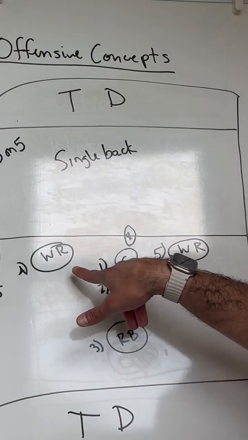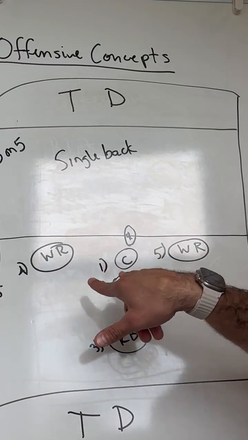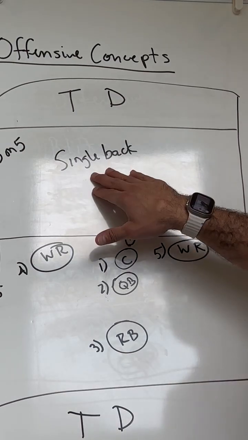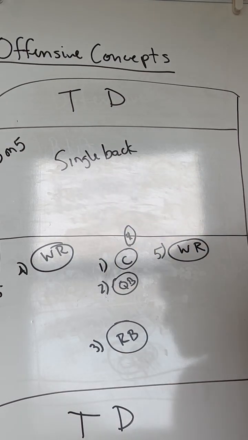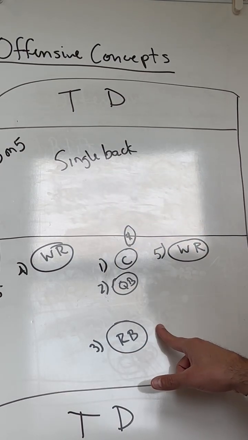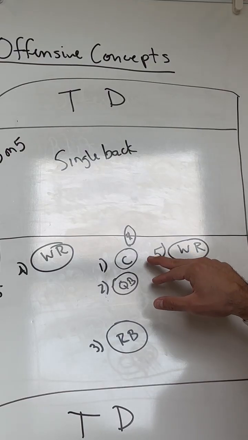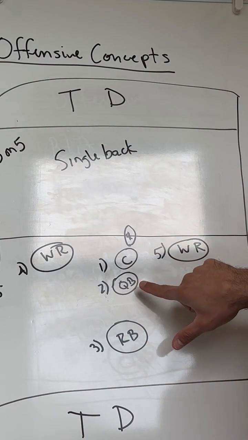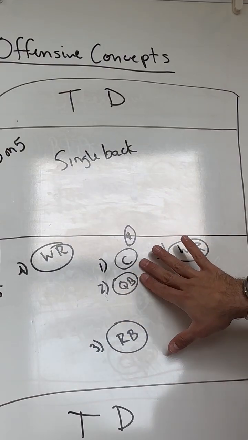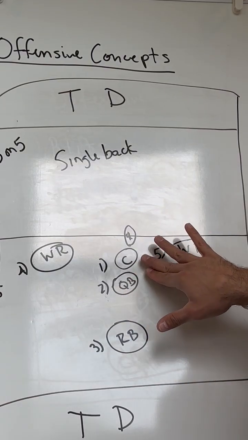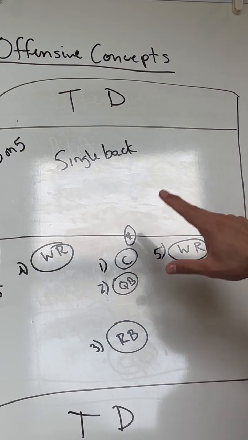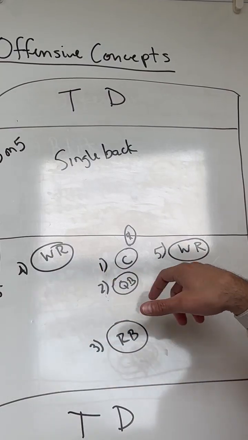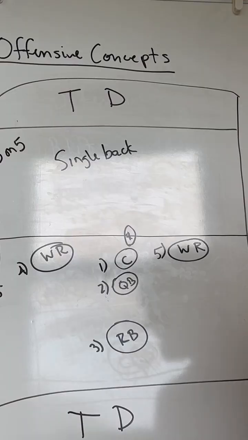We can put them out here, 1 on each side, or we can put both of them on the same side. But conceptually, when you hear the word single back, I want you to think that there's 1 running back, and then we have 3 players already assigned. We always have a center and a quarterback, so we don't need to worry about lining those up. They're always going to line up in the same place. Single back means one running back, and that leaves us with two other players to make assignments on.